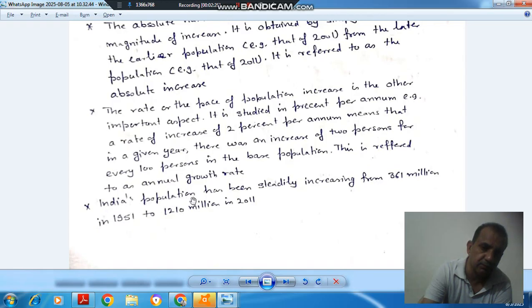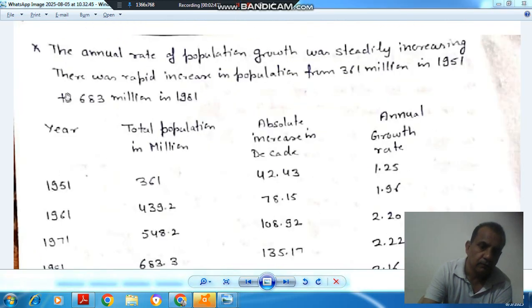Next point, India's population has been steadily increasing from 361 million in 1951 to 1210 million in 2011. The annual rate of population growth was steadily increasing.